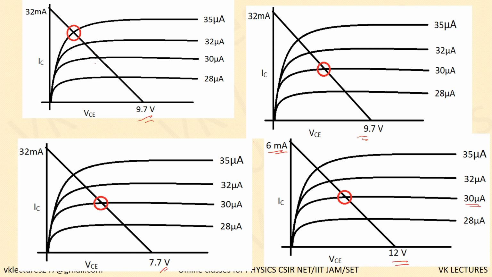At 30 microampere, that is the value of IB, you get the maximum or a stable point, that is Q point. Q point is when IB equal to 30. For each value of IB, corresponding IC we have written here. Okay, so the option is this one.